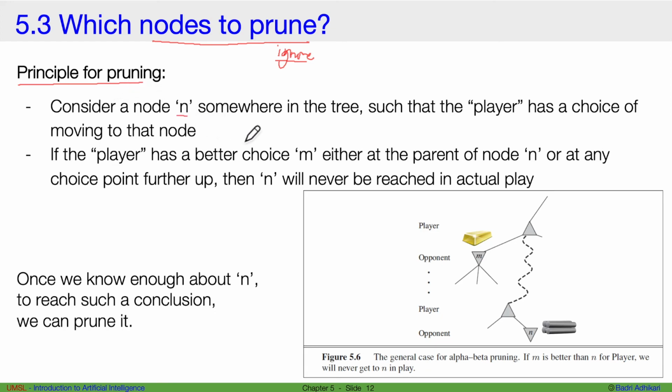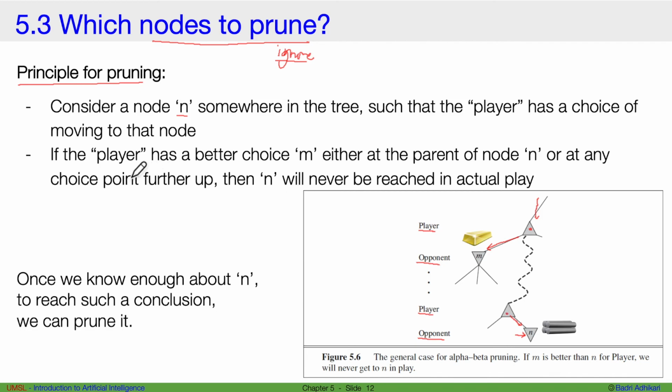Consider a node n somewhere in a tree. So let's say this is your game tree, and we have node n at a certain place in the game tree. And let's say here's our player, here's our opponent, and here's our player, and here's our opponent. So at the beginning, the player, let's say, starts somewhere. At this point, the player has a choice of going to node m. And then later on in the game tree, somewhere, the player also has a choice of going to this node n.